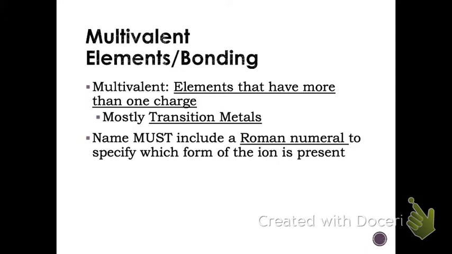If I have copper chloride, copper can have a +1 charge, in which case copper chloride is CuCl. It can have a +2 charge, in which case it's CuCl2. Those are both copper chloride, but they're different compounds because the copper has different charges. They actually are different colors. They have some different properties.